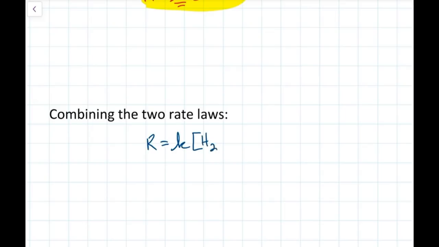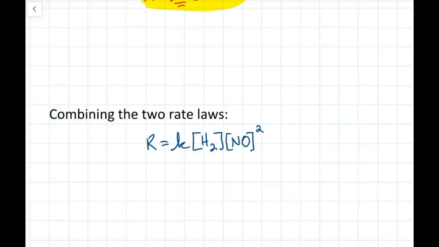So it's proportional to hydrogen and proportional to the square of NO. And so that's the rate law for the equation, because it has both reactants in it. And so this is the whole rate law for the equation. Okay, and this way we know that if we want to change the concentration of either of these 2 ingredients, we know how it's going to affect the rate of the reaction. Basically, we'll find the proportionality constant, we'll plug in the concentrations of these 2 things for a given experiment, and we'll know exactly how fast the reaction is going to happen.